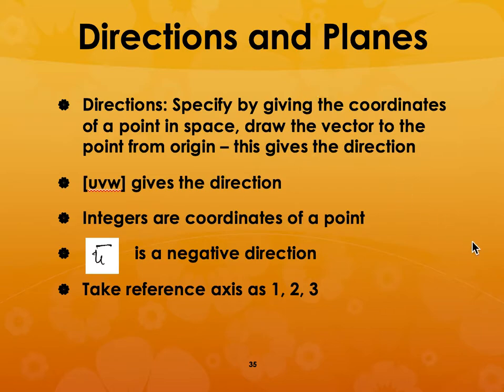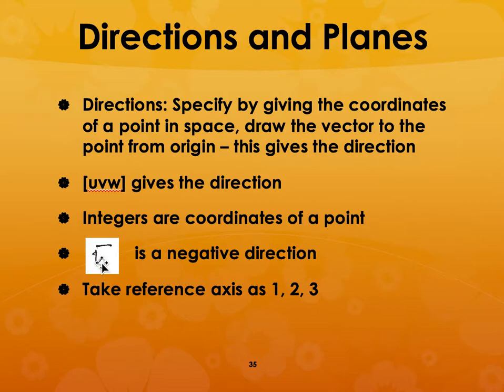So how do you define a plane, a direction? You have to give the coordinates of a point in space, and you draw the vector from the origin to the point. This gives you the direction. Square brackets give you the direction, and they have to contain integers that are the coordinates of a point.